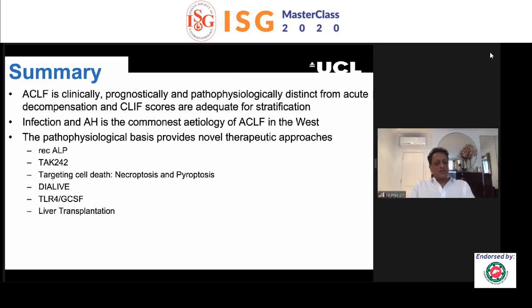The pathophysiologic basis really starts to provide new therapeutic approaches. And liver transplantation is key for the sickest patients, in whom drug therapy at the moment is unlikely to save their lives. So think about a transplant, but hopefully in the next 5 years, what I'm telling you with respect to early phase development of products will reach patients.